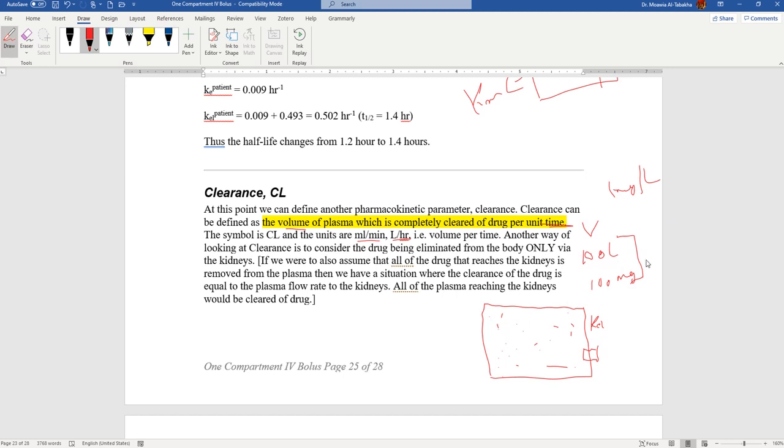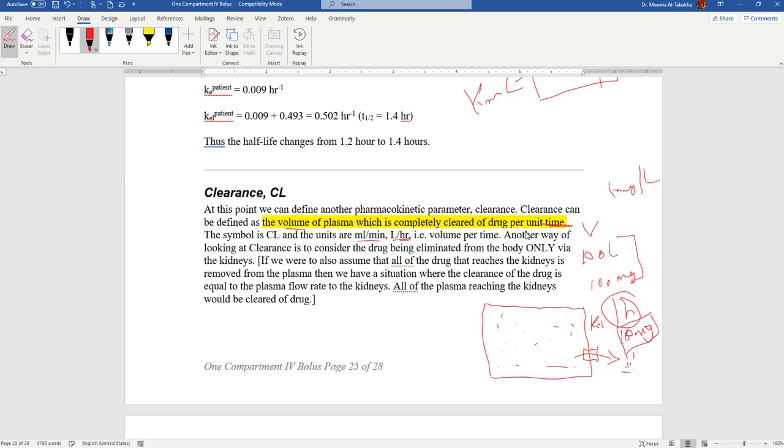Now, after 1 hour, of course, some of the drug is left. Pay attention. After 1 hour, you found that the amount of the drug that is left is equal to 10 milligrams.